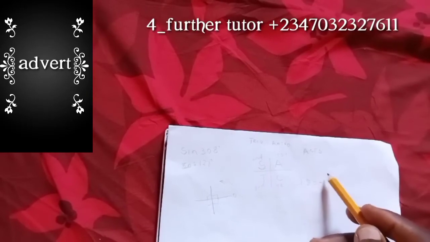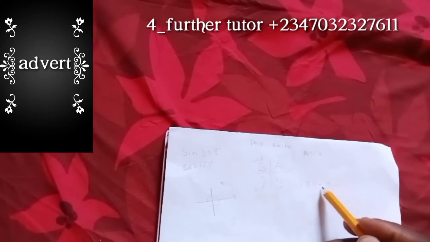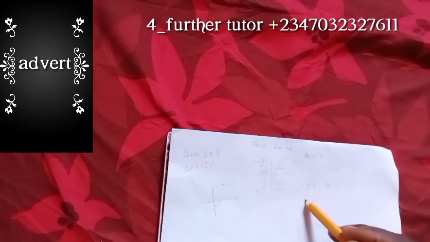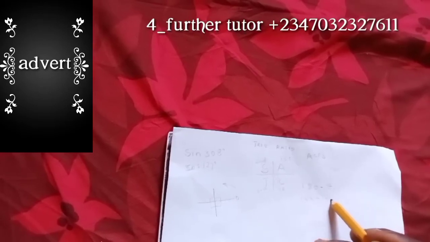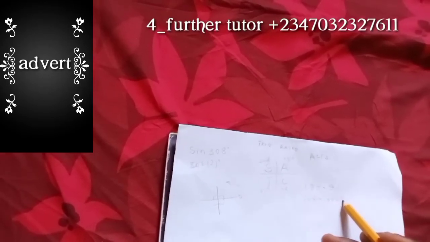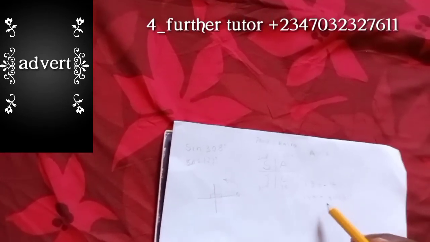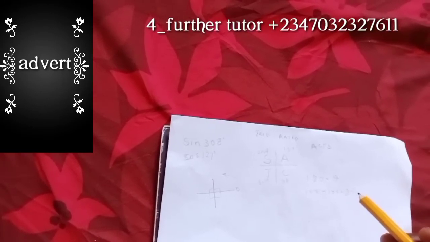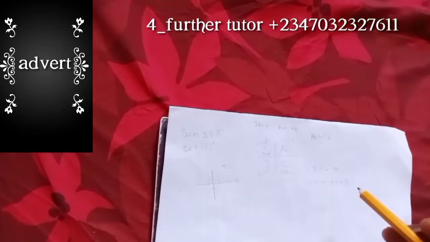So if you have 100, 180 minus 100 will give you 80 degrees. Because it's giving you 80 degrees, it simply tells you that you can now go and find this 80 degrees in your four-figure table.